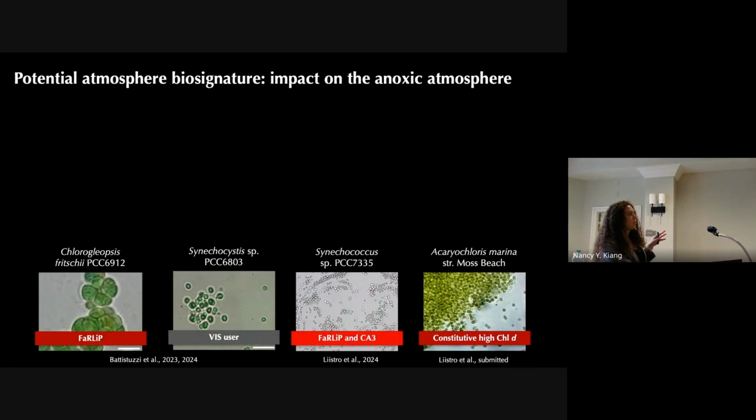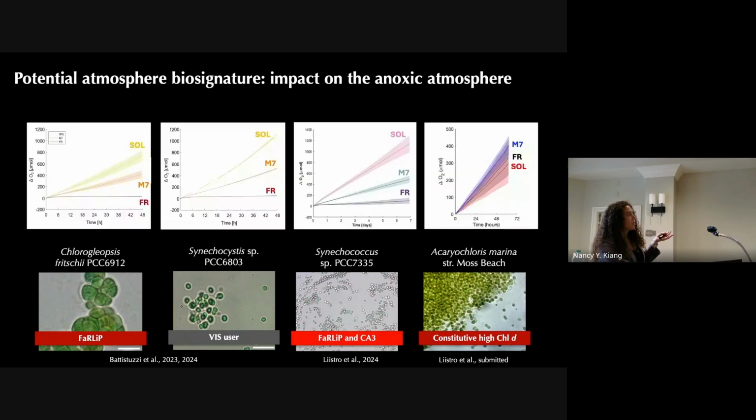But when it comes to the impact that they could have on the anoxic atmosphere, we saw that they are all producing sensible amounts of oxygen in the M-star spectrum, irrespectively of whether they can or cannot use far red light. And I think this underlines the importance of simulating the true parameters, because if we are just relying on whether they can or cannot harvest far red light, we are missing a big part of the picture.